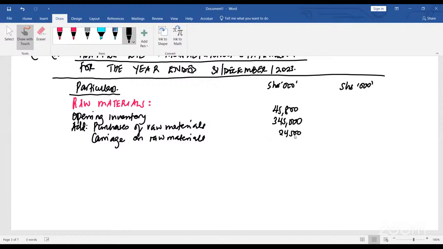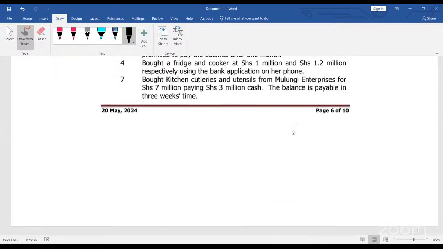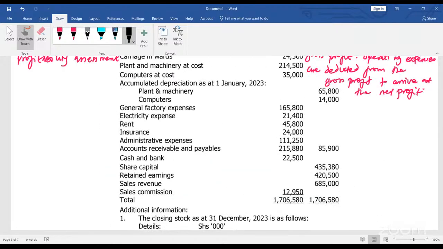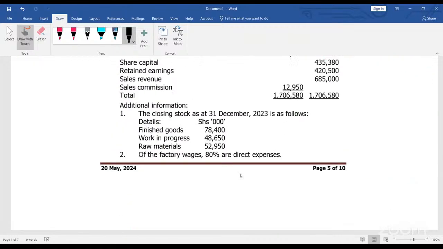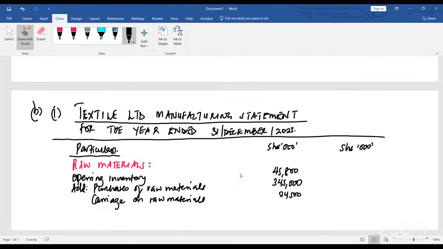If you have raw material returns, maybe you're returning some of the materials to suppliers, then you minus the raw material returns, but I don't see any raw material returns in the question.